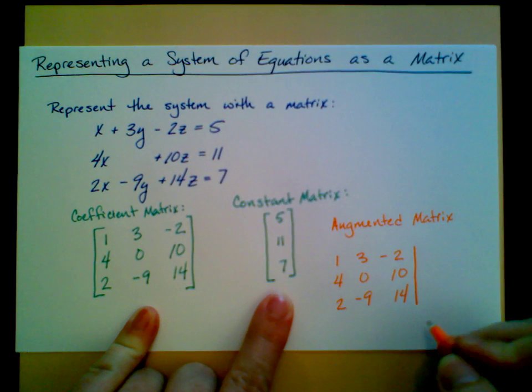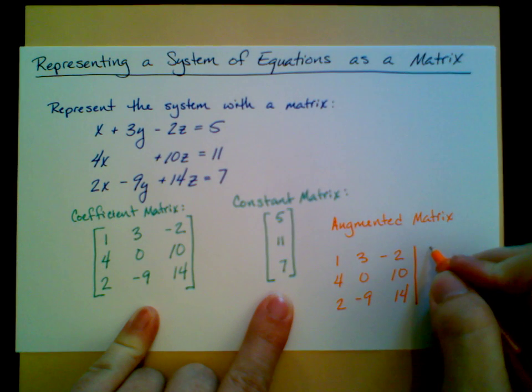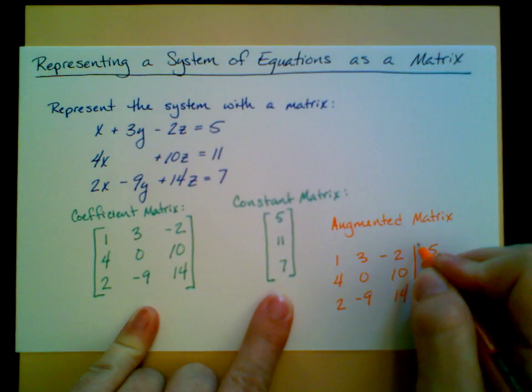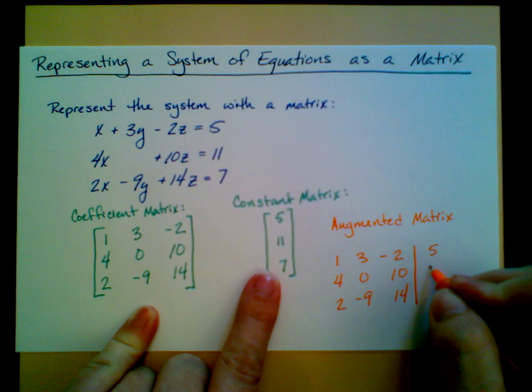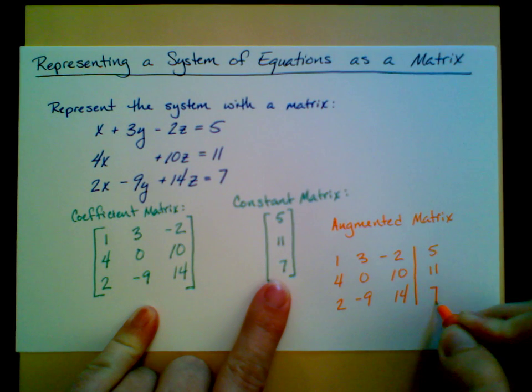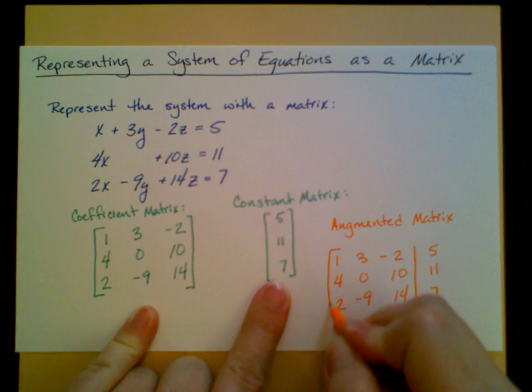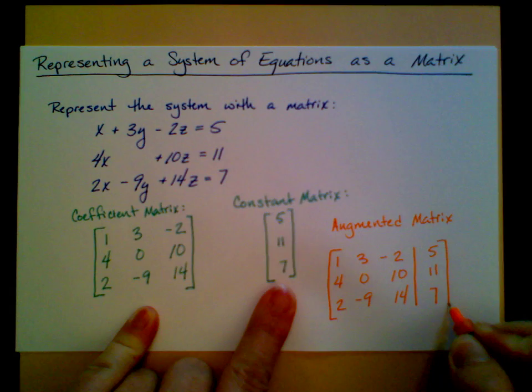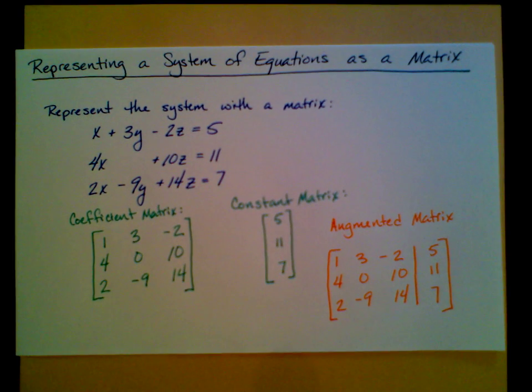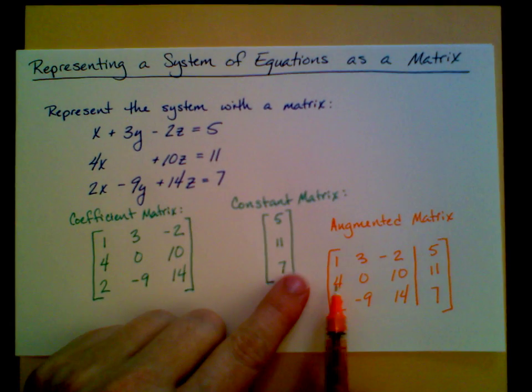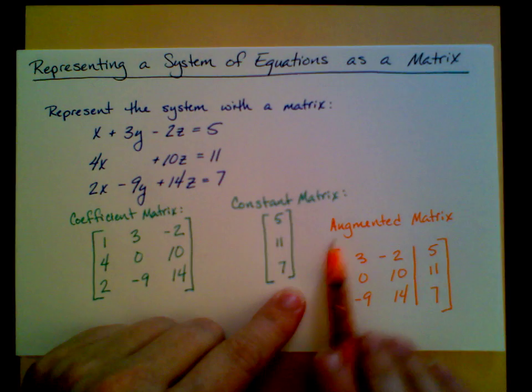I'm going to separate it with just a straight up and down line. That's not a bracket. It doesn't have any square bits on the end. And I enclose the entire thing in square brackets. So here is my augmented matrix.